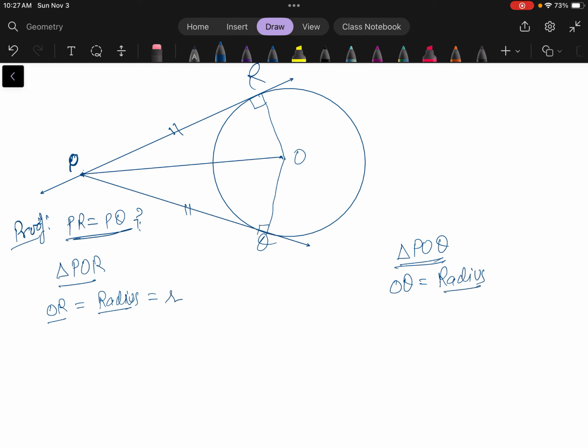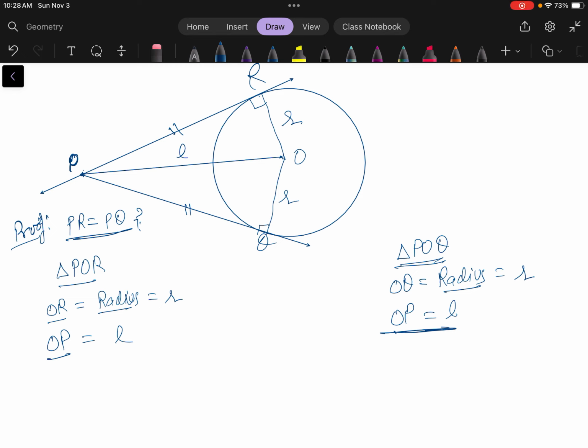We'll denote it by R. So this is equal to R, and this is equal to R. Another line is common in both triangles. So we have OP here, and here also we have OP. Let's assume this length is L. This length is L. So this line is common, so it means it will be the same.